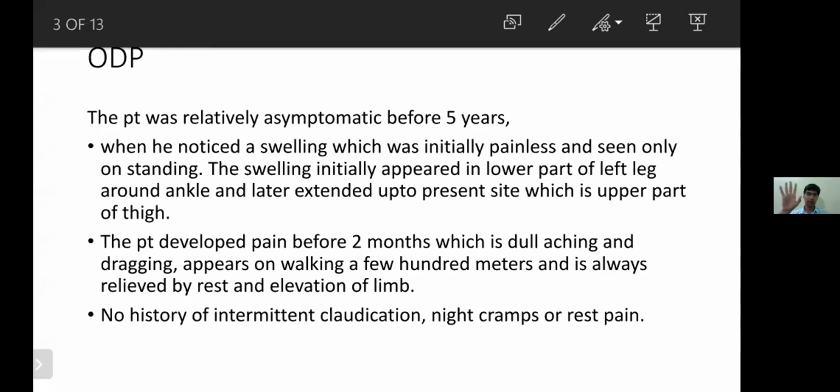By the history, the patient complains of swelling in the medial part of the left or right ankle, with no swelling in the proximal part, no swelling in the contralateral limb, and the pain is dull, aching, dragging after standing. There is no history of sharp lancinating pain, sharp bursting pain, or sudden crampy pain suggestive of intermittent claudication. Then you have established on the basis of history that this is varicose veins.